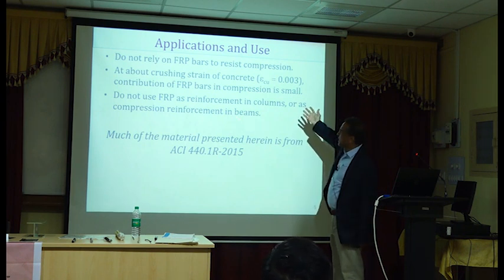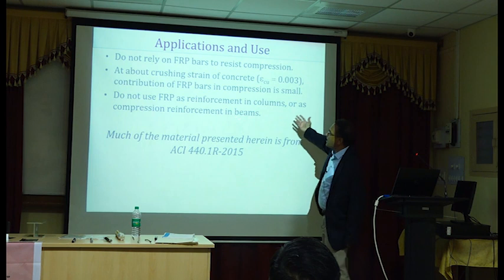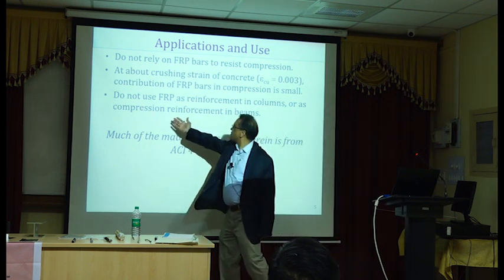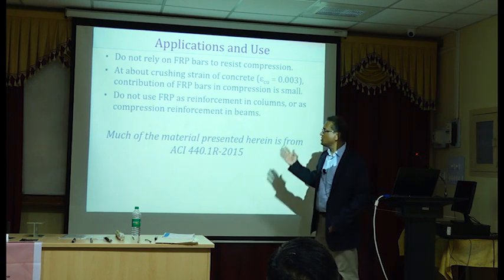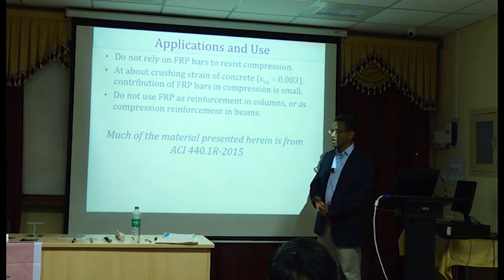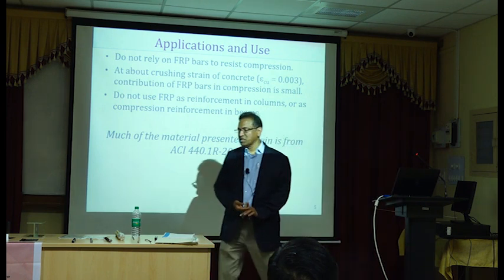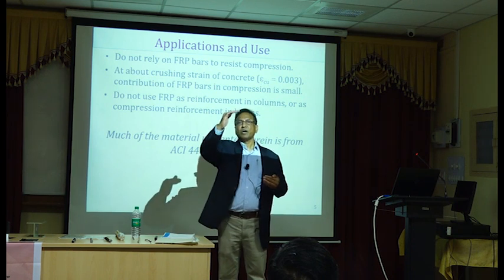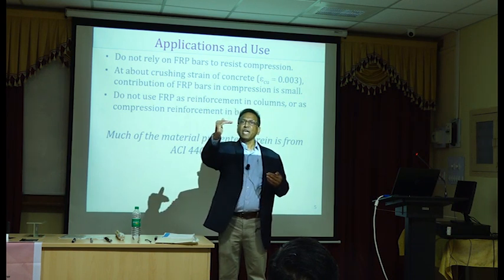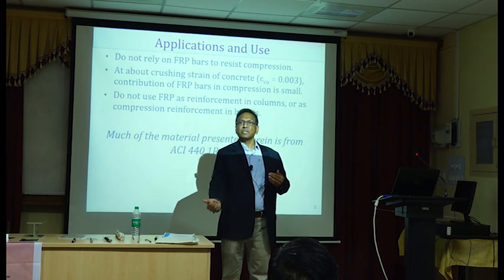Do not use FRP in columns, we know that, or as compression reinforcement in beams. If you are using doubly reinforced beams, don't use FRP as a compression reinforcement. So what they are doing is, in some of the structures, they use different types of bars at the top, like top bar can be epoxy coated bars, bottom bars are black bars.